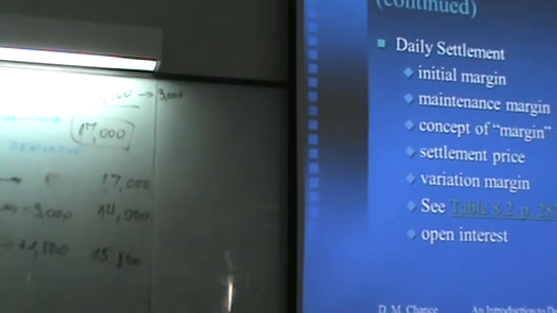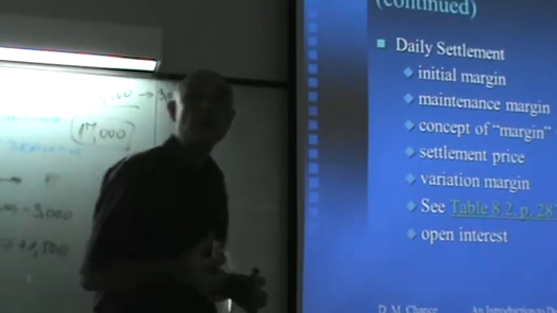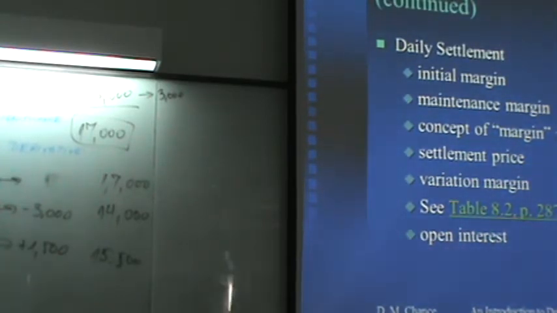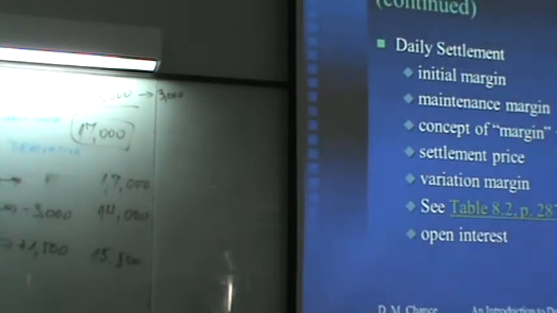And suddenly gold crashes on you and you're down to 1165. So, what happens now? Oh, you just lost 9,000.